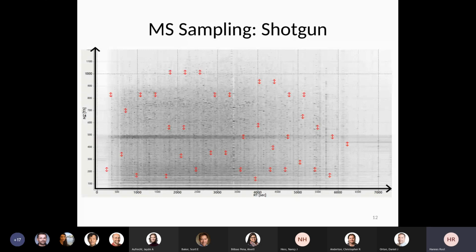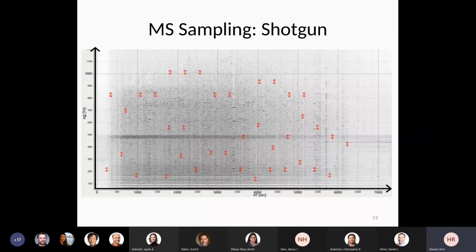However, the downside is, because this is so tailored to one specific sample, that it really looks like you took a shotgun to your data and you have a semi-stochastic positioning of these isolation windows in this two-dimensional space. And this is really something that hurts reproducibility and is very difficult to deal with if you have different MS2 acquisitions in every single sample, because it makes it very hard to compare these samples.